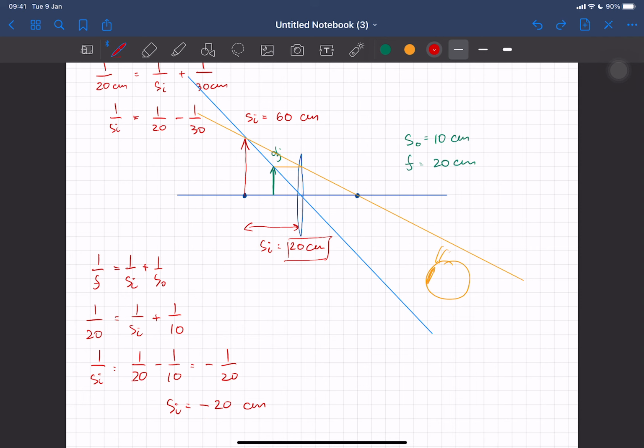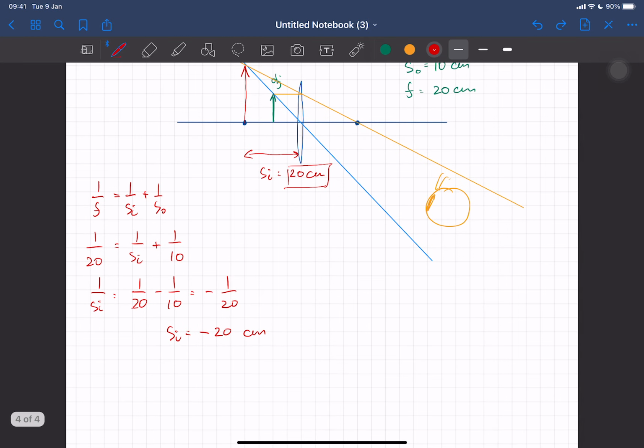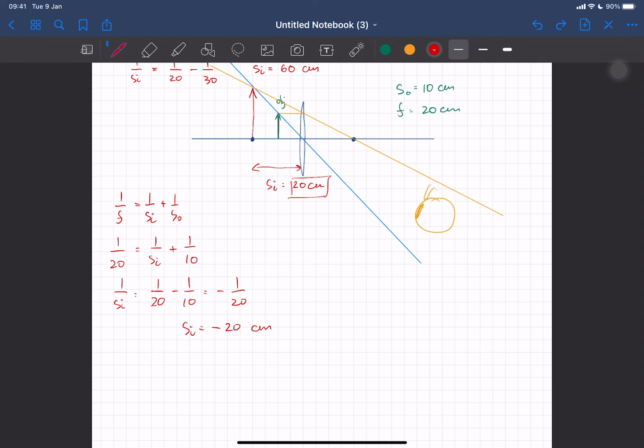The minus sign is a very convenient way to remind ourselves that because it's a minus sign, it is what we call the virtual image. It's not the real image. The formula is very good in giving you the sign right away, whether it's virtual or real.